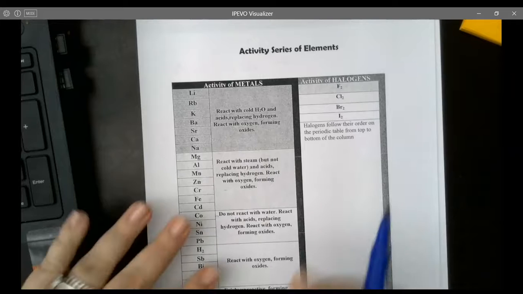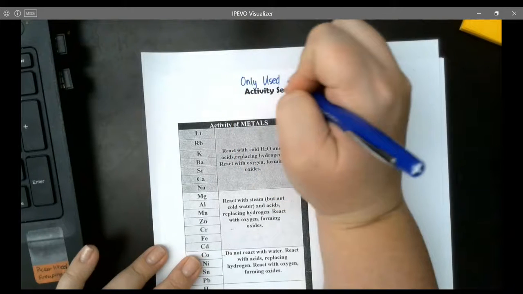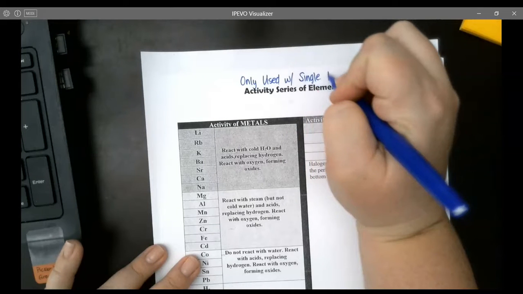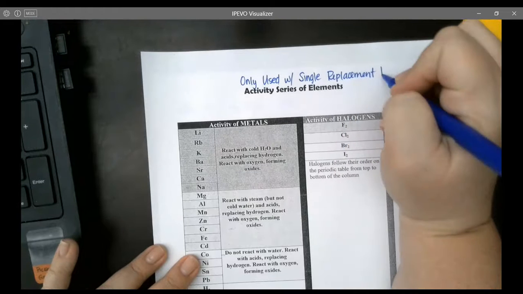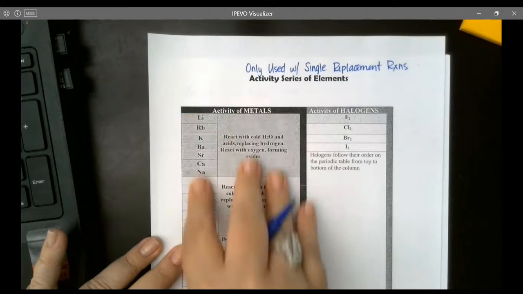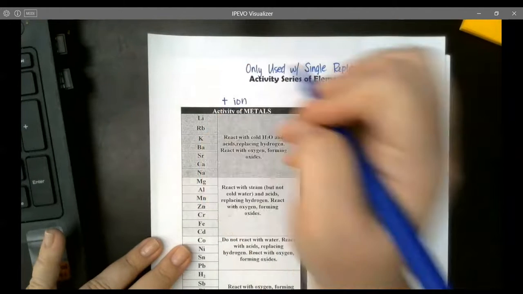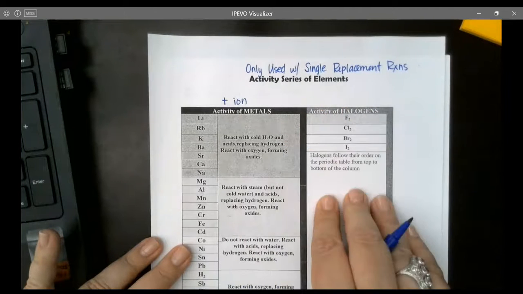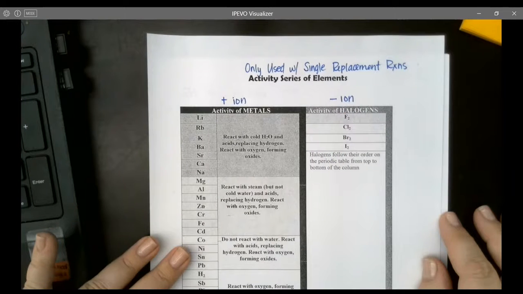Remember that these are only used with single replacement reactions. The activity series of metals will be used when you have a positive ion, and the activity series of halogens, which is much shorter, will only be used when you have a negative ion.